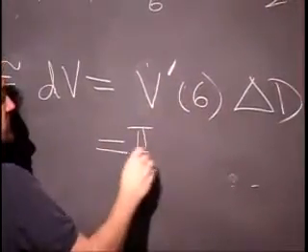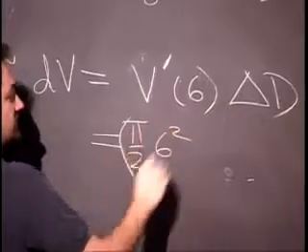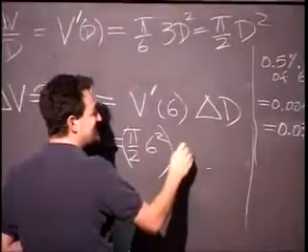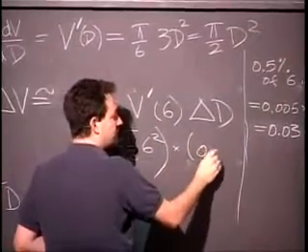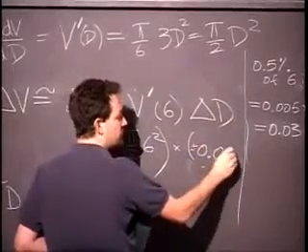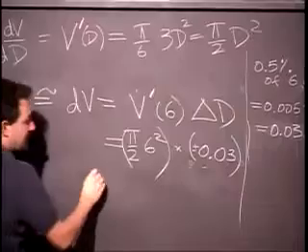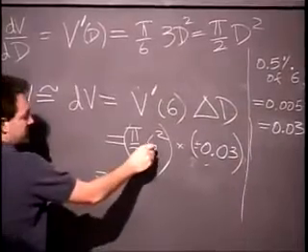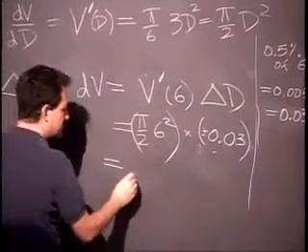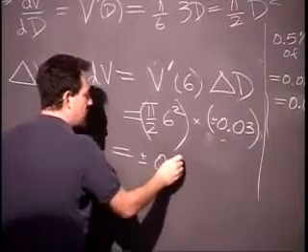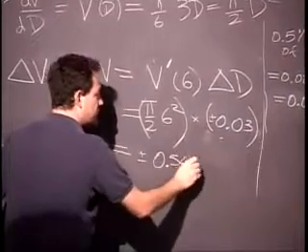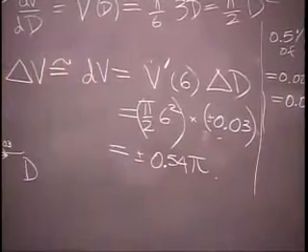But in any case, in this formula here, I can take V prime of 6 from this as pi over 2 times 6 squared. And I can take delta D as plus or minus, if you like, 0.03. And I will get as an answer, it turns out this is 36 over 2, so it's plus or minus 0.54 pi. That's the actual answer.